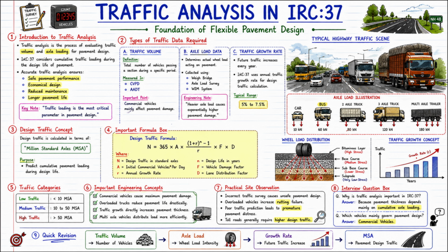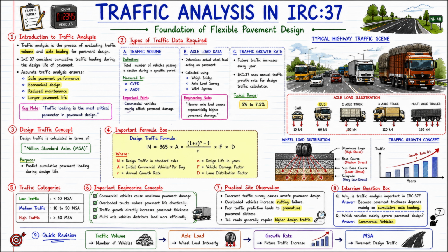Now see the keynote below. Traffic loading is the most critical parameter in pavement design. And be honest, this line is the reality of entire pavement engineering. Now let us look at the second big topic of the slide.